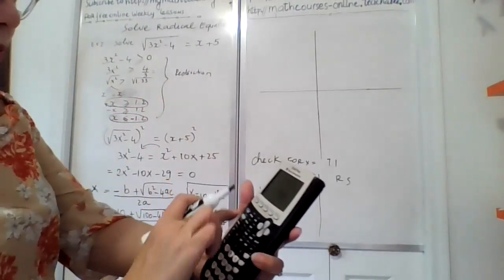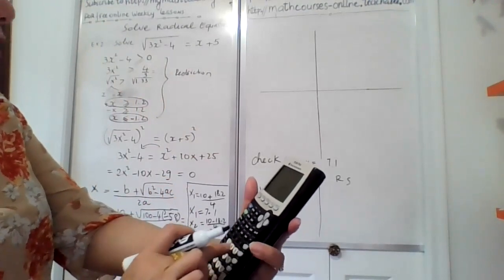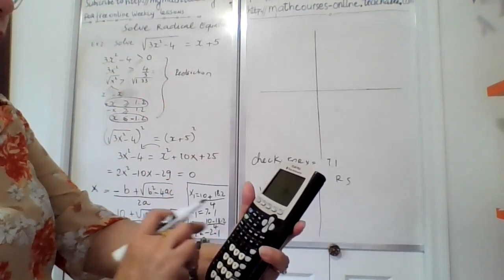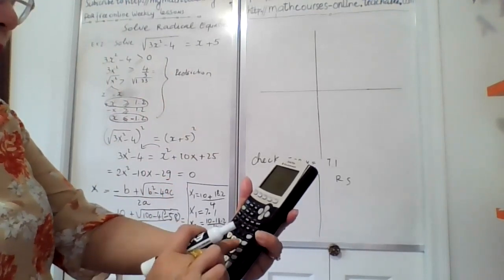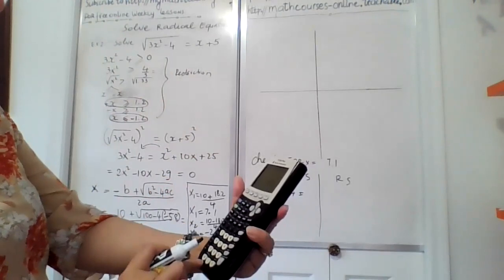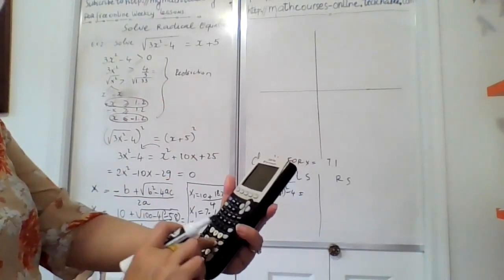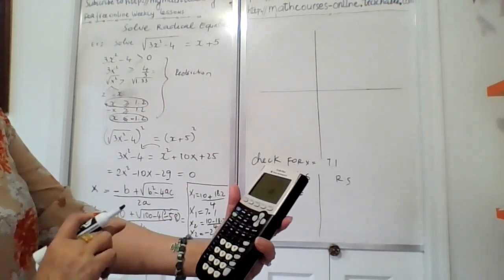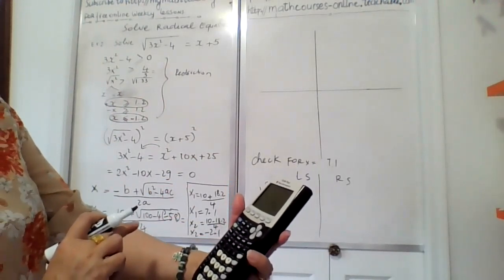So I'm going to key in the square root of 7.1 squared times 3 and then minus 4. So the answer is 12.1.